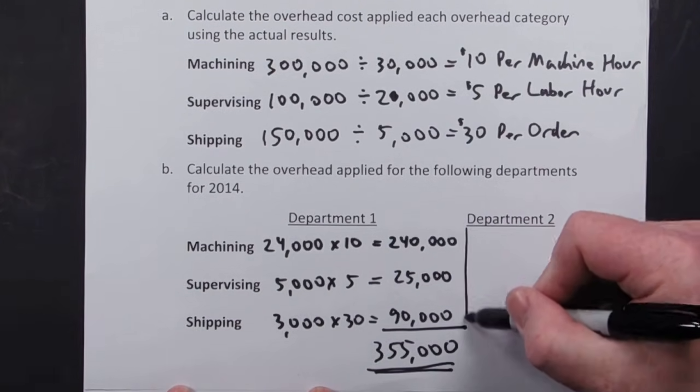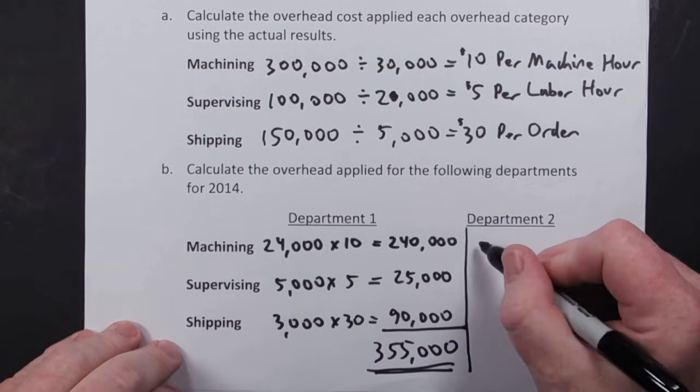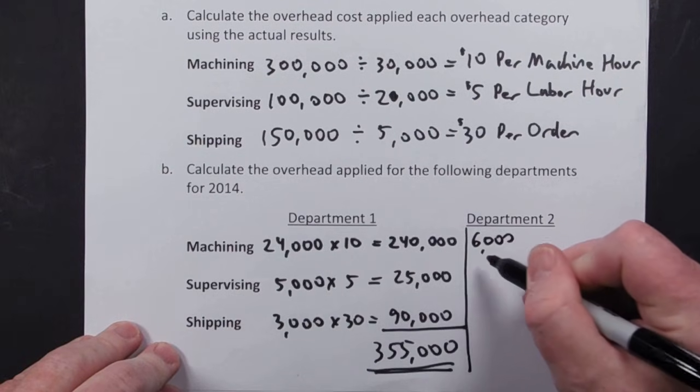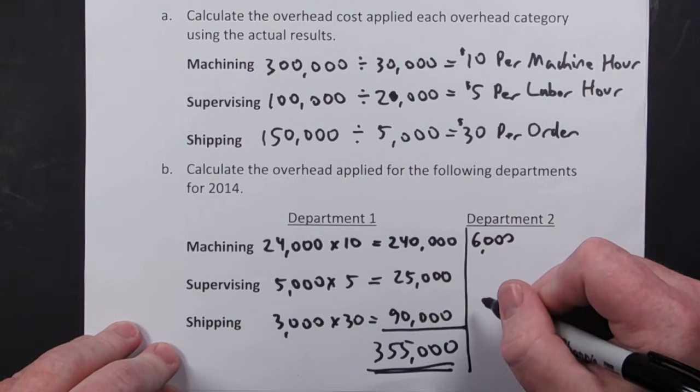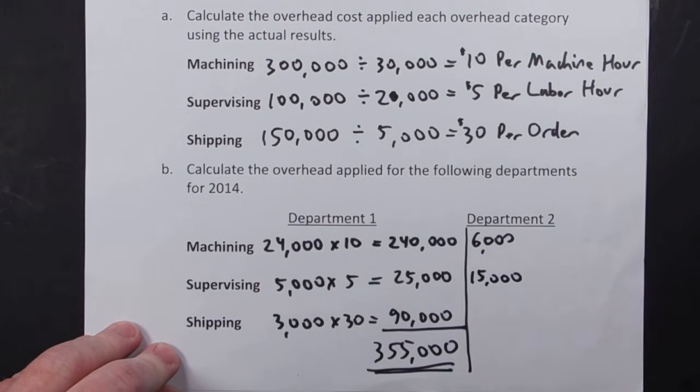Department 2. 6,000 machine hours, 15,000 labor hours, and 2,000 orders.